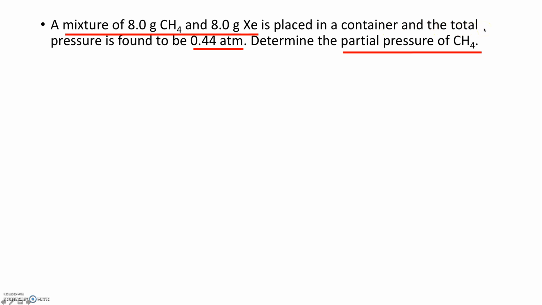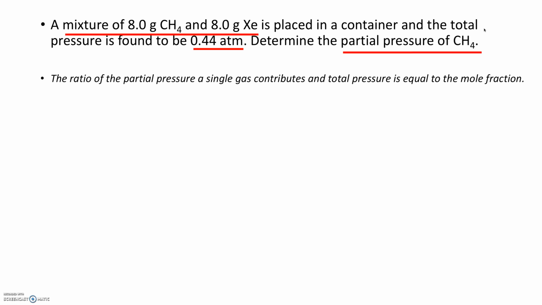So that's where we start using the term mole fraction. It's a ratio. So the ratio of the partial pressure of a single gas to the total pressure is equal to the mole fraction. So what does that mean? Well, we could rearrange the ideal gas law equation of PV equals nRT and solve for pressure.